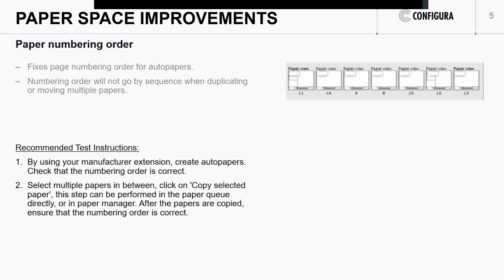This step can be performed in the paper queue directly or in the paper manager. After the papers are copied, ensure that the numbering order is correct. Also try dragging papers to sort, and the numbering order should also be correct. The screenshot shows the issue, where you can see that the numbering is not in order.